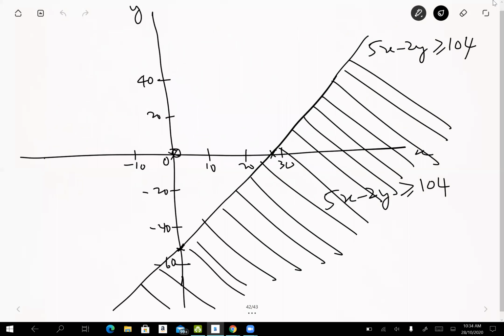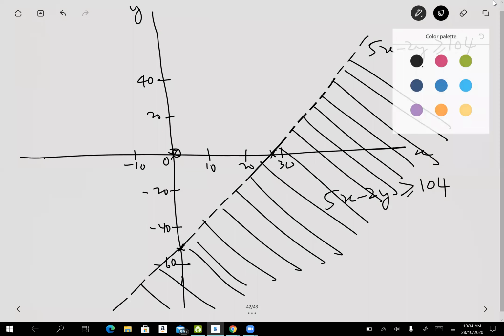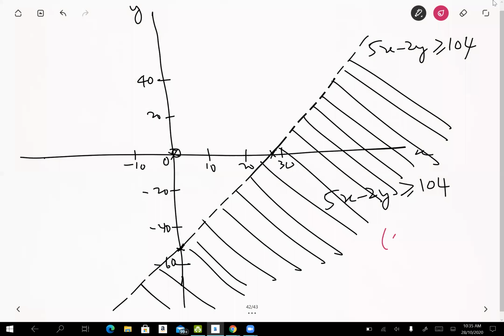So therefore, how do we show it? We show it by broken line. So if I do it here, we show it by broken line. When you draw the line, you make it break at some regular intervals. That will indicate strict inequality. So with the broken line, that is 5x minus 2y bigger than 104.